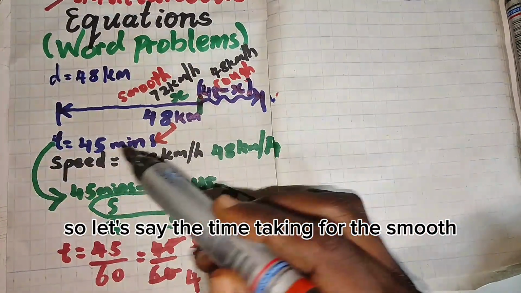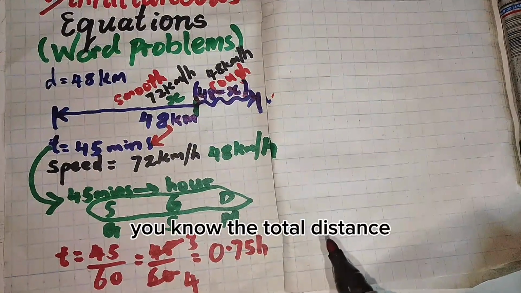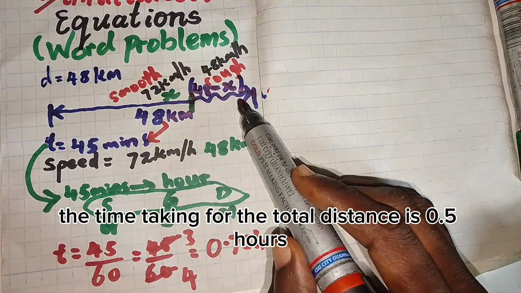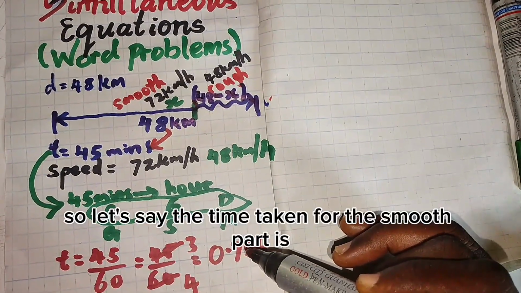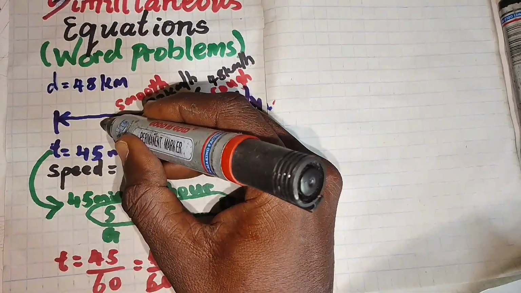So let's say the time taken for the smooth part is T hours.